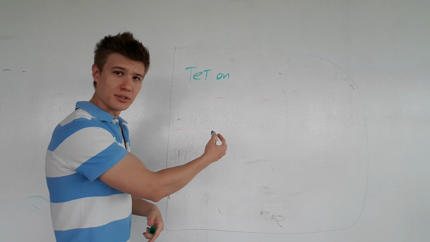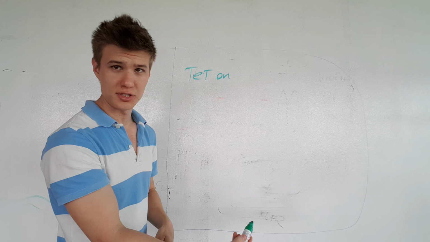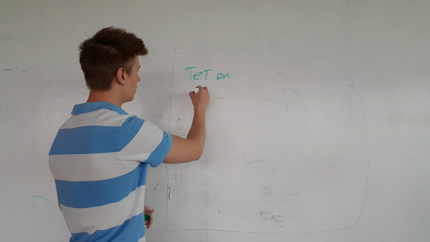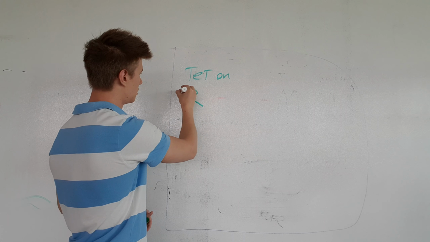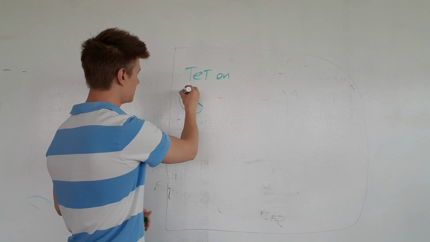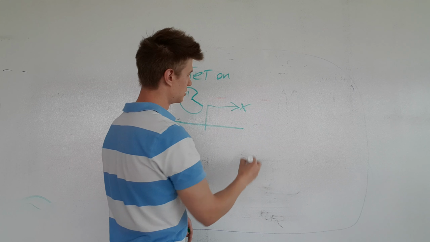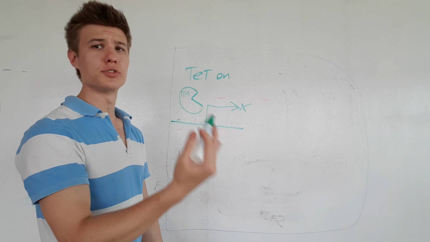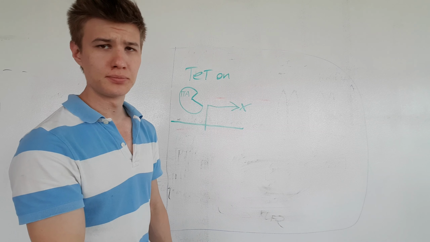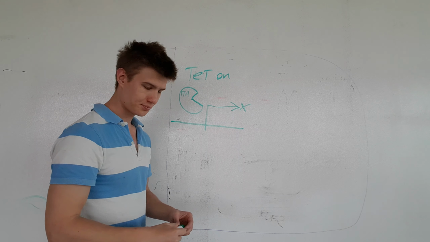So in the absence of tetracycline and doxycycline, we have our activator. It's got no doxycycline in it, and it does not permit the transcription of this part of the genome.